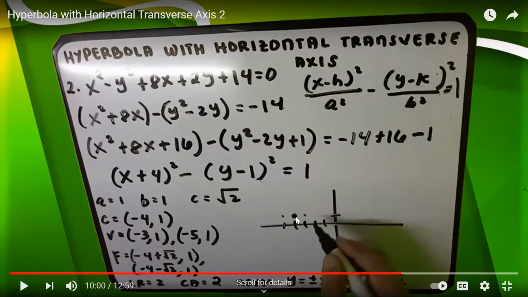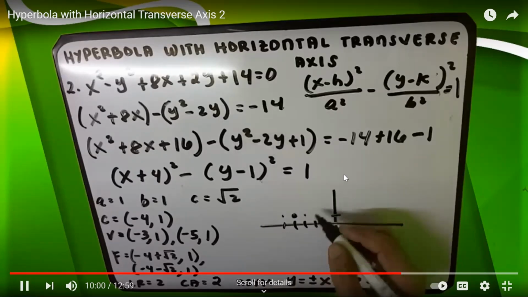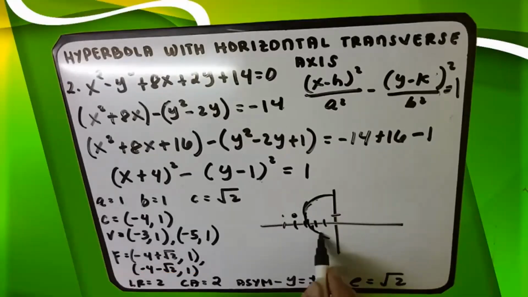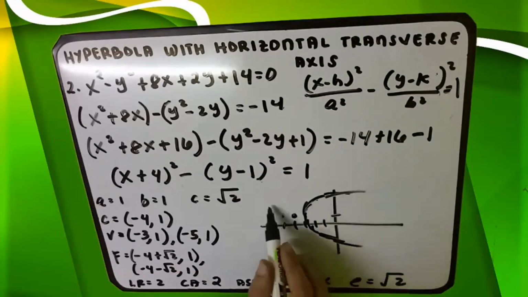And then for the vertices, first vertex, syempre, x-axis ulit, negative 3, and then 1. And then for the other vertex, we have negative 5 and then 1. So ito yung vertices niya or yung point ng coordinates. Horizontal transverse axis tayo kaya open sideward siya.